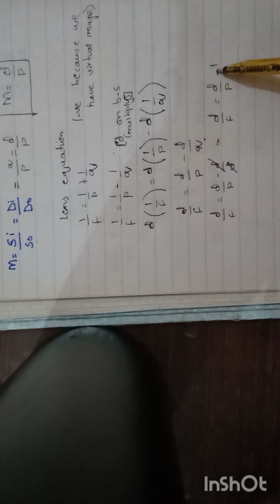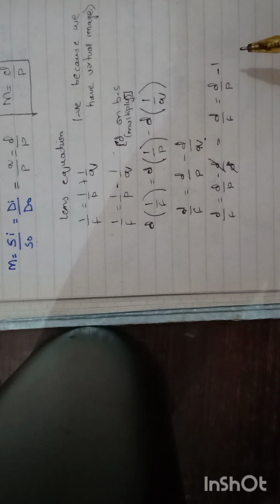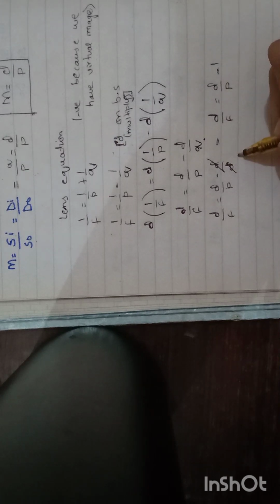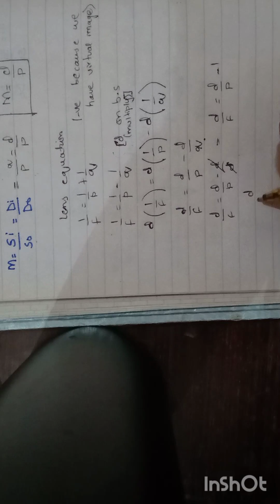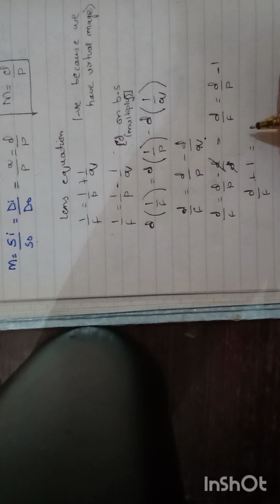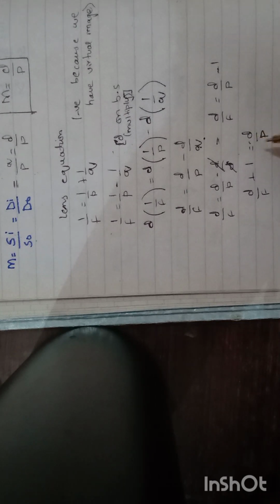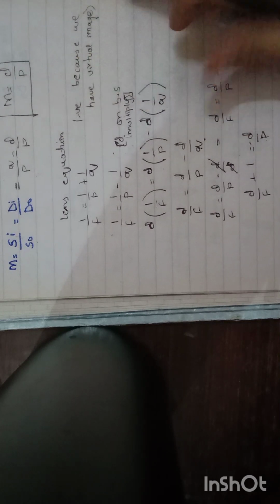Okay, now we are making it plus from here, moving the 1 over, so D upon F plus 1 is equal to D upon P, right? And we know D upon P is equal to magnification, as we have written here.